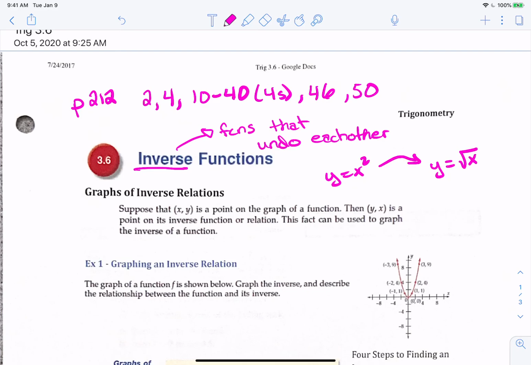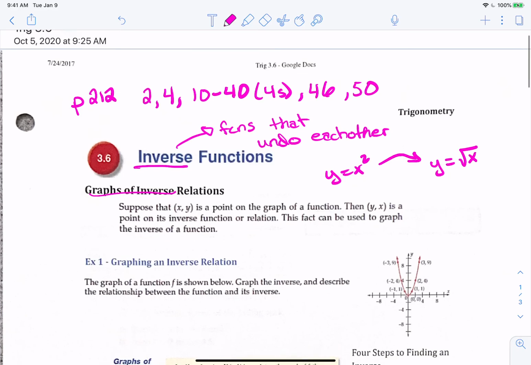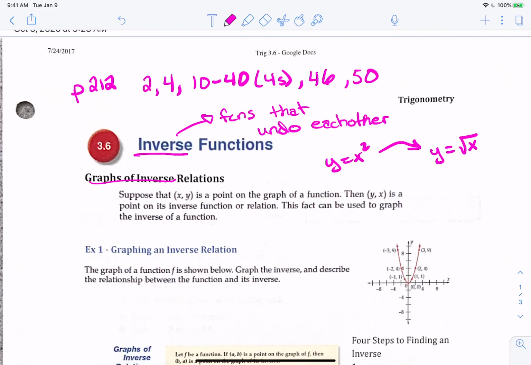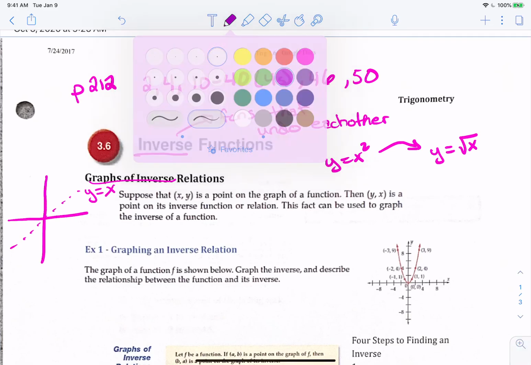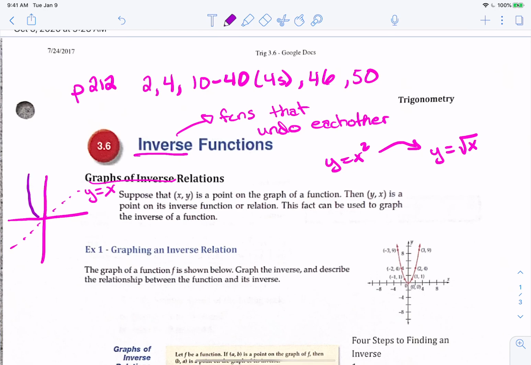Now, graphs of inverse functions. If you graph two functions that are inverses of each other, they very beautifully are reflected across the dotted line y equals x. For example, y equals x squared is this parabola here. And if I look at the square root of x, do you remember what the graph of the square root of x looks like? It starts here and it goes on forever.